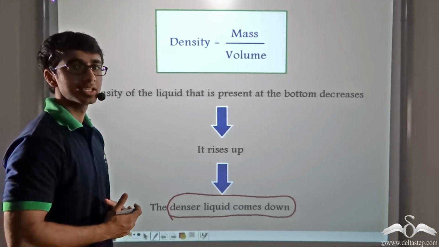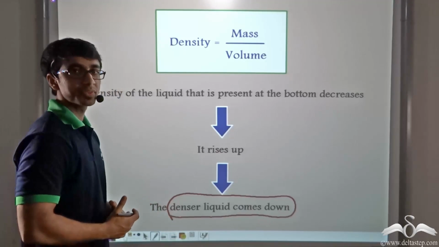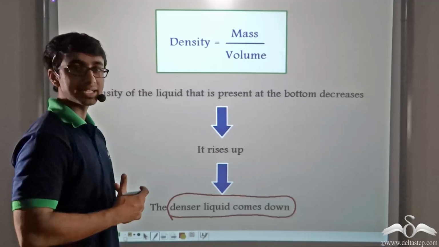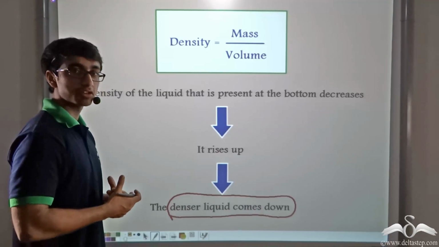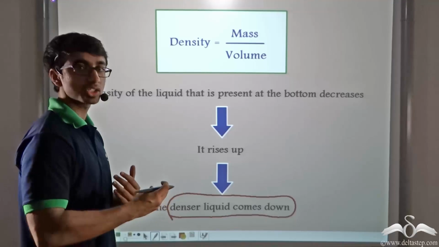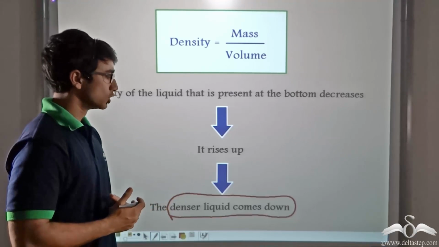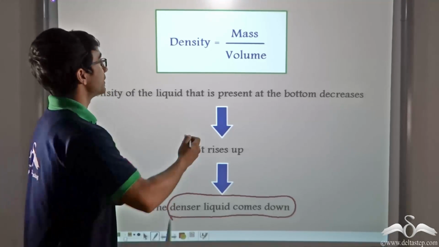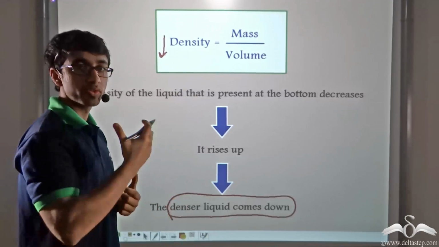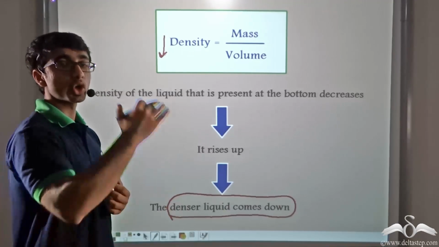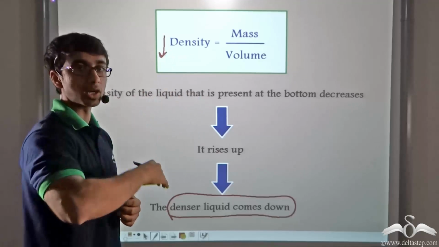So as a result, when this denser liquid came down, it started to absorb more heat energy from the spirit lamp. So in turn, this layer of liquid became less dense. So again, because it became less dense, it became lighter and started moving up, and the liquid that was already at the top started moving down.